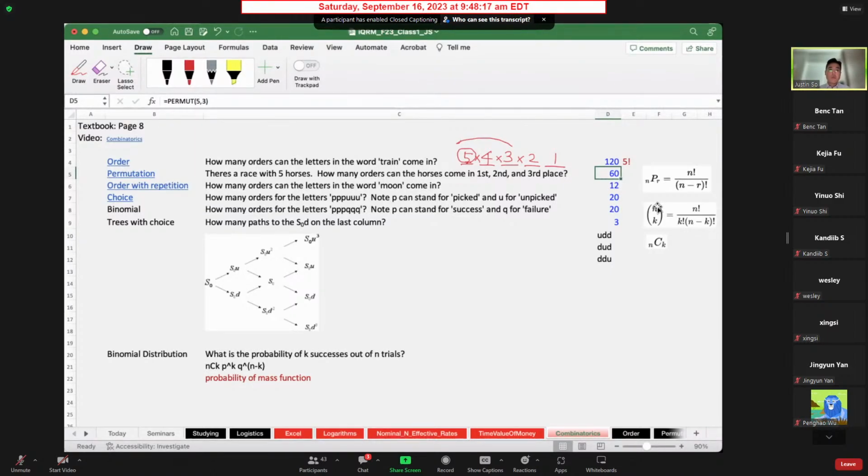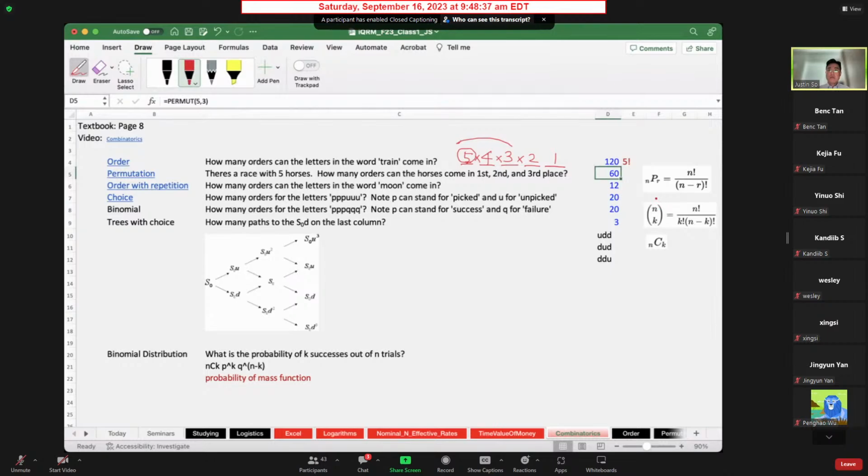That's how you write 5 permute 3, or you use the PERMUT function in Excel. Look at the formula window in Excel: the PERMUT function, and in parentheses you type 5 and 3, and it gives us 60.